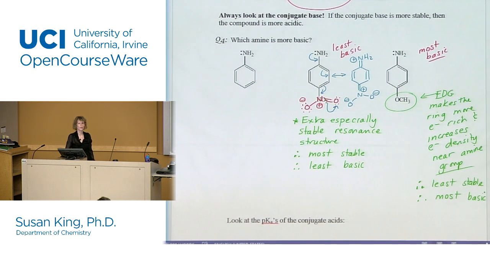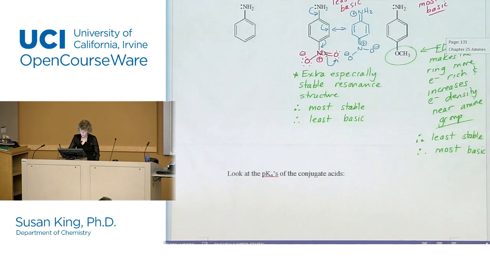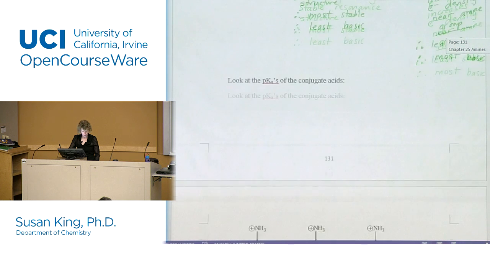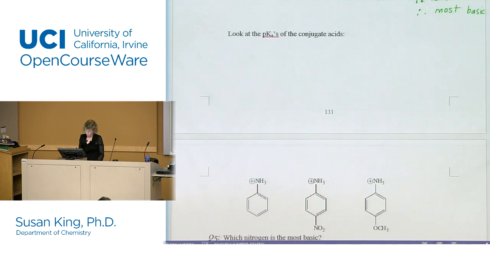Questions on number 4? Question number 4, anybody? Here you look at the pKa's of the conjugate acids for these, and you can see it looks like it's not scrolling right, but we got the pKa's of the conjugate acids here. 4.6, pKa 1, and this one here is pKa 5.34. So exactly like we predicted.